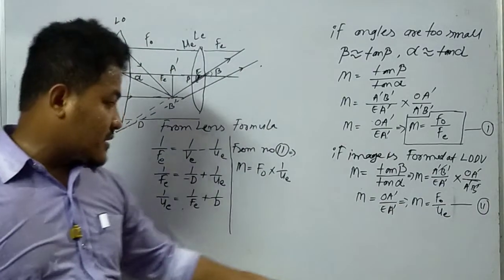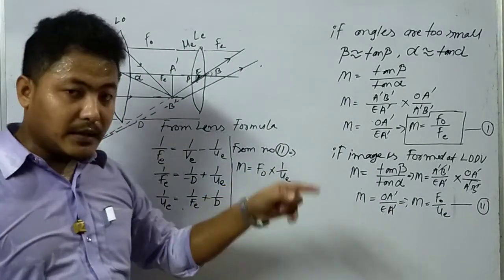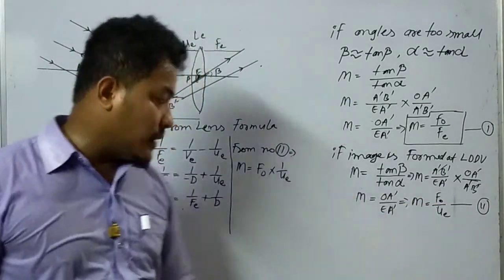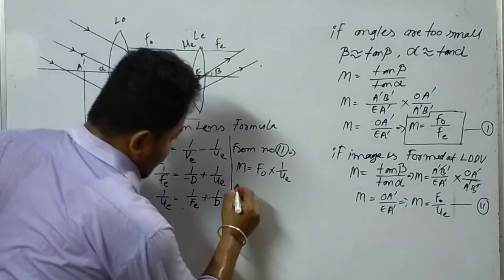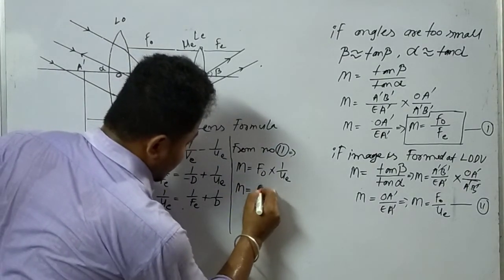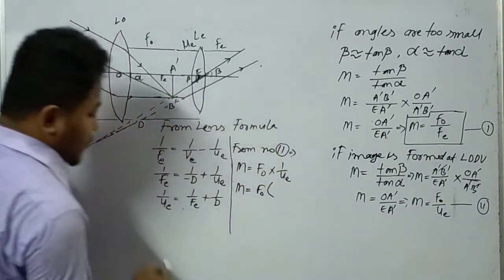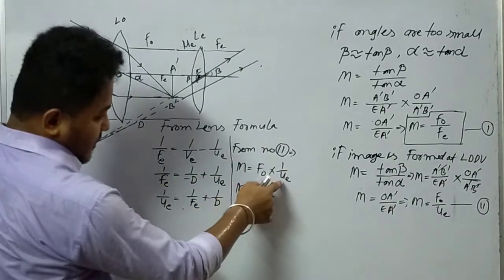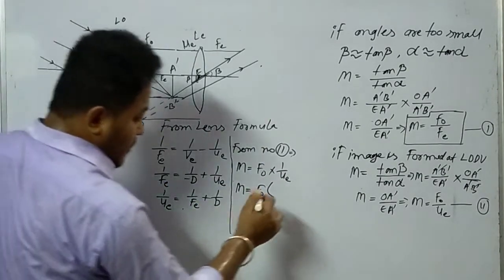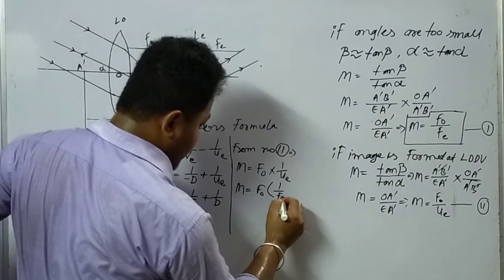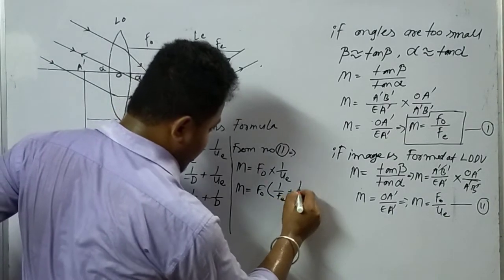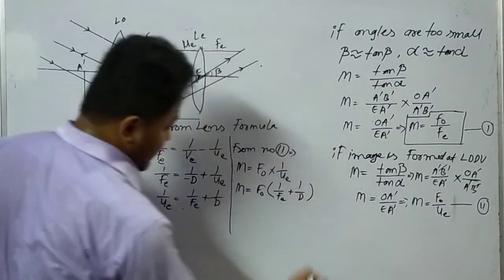So I can write this as m is equal to FO into 1 by UE. Clear? FO into 1 by UE. So m is equal to FO, and in the place of 1 by UE, I can put 1 by FE plus 1 by D.